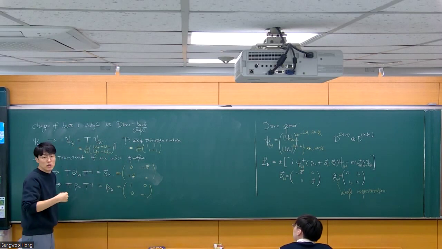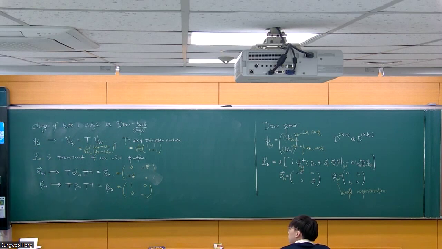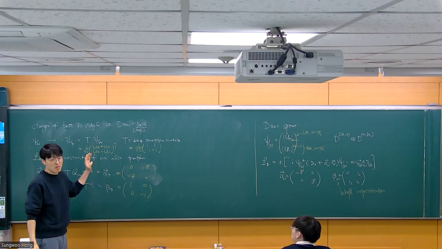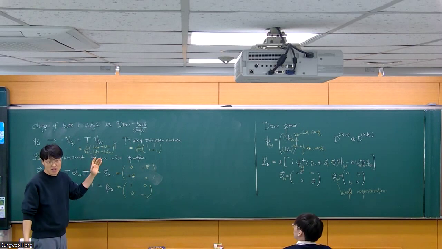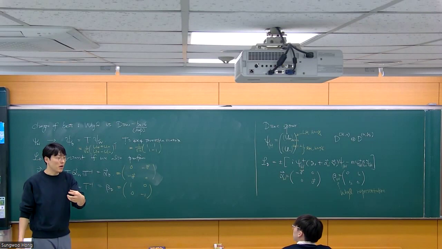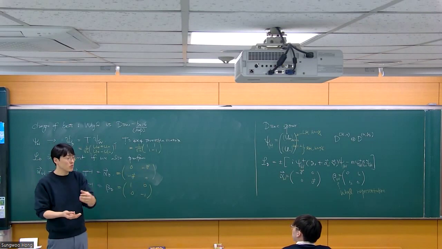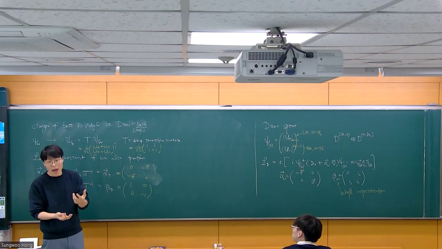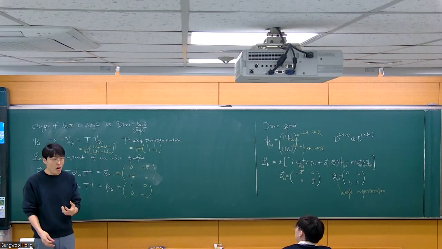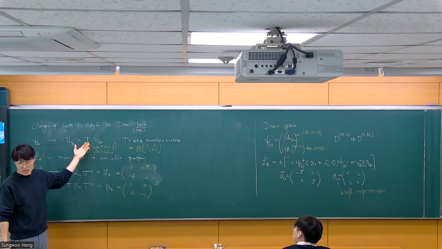Eventually, this will be useful, very soon, because now we're talking about a massive fermion, for example an electron or top quark. It doesn't matter. For a massive particle, you should be able to go to the rest frame. We can always boost to the rest frame, where energy is m, the mass, and there's no momentum. Nevertheless, the electron in the rest frame that doesn't move at all must have both positive and negative velocity states in it.